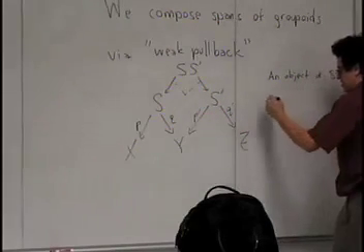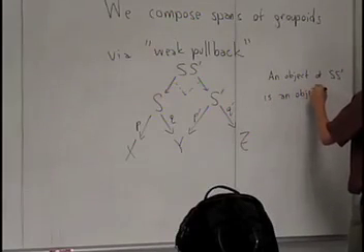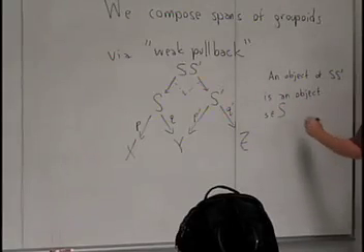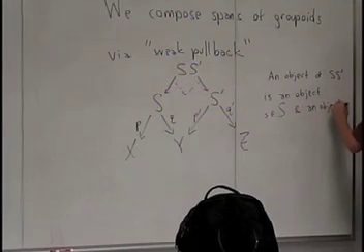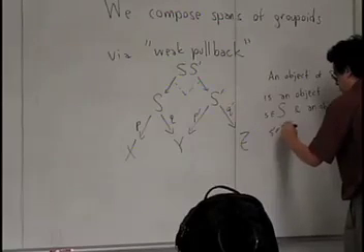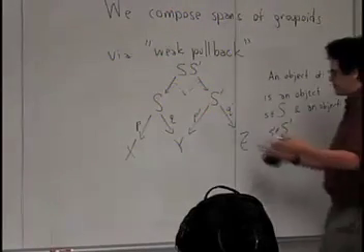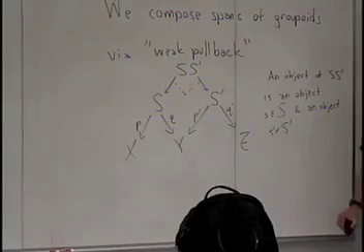It's an object, let's say little s of our groupoid S, and an object little s prime of our groupoid S prime. But now we don't want to say that they get mapped to the same thing in Y. We want to say that they get mapped to an isomorphic thing.